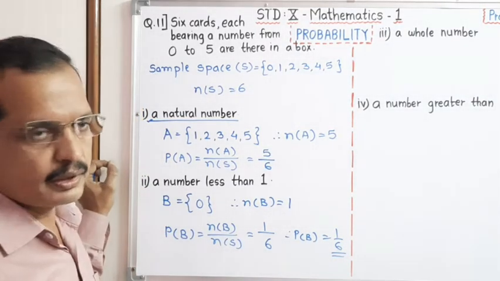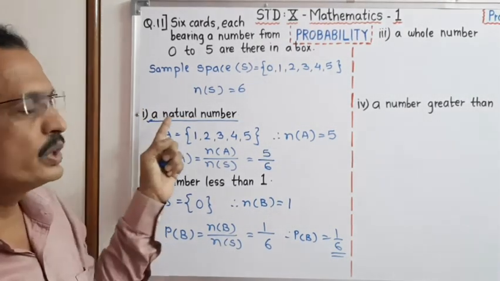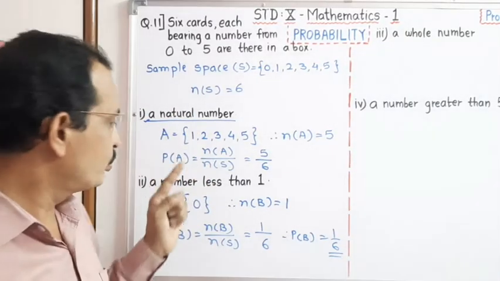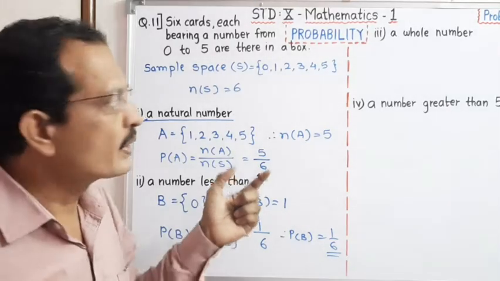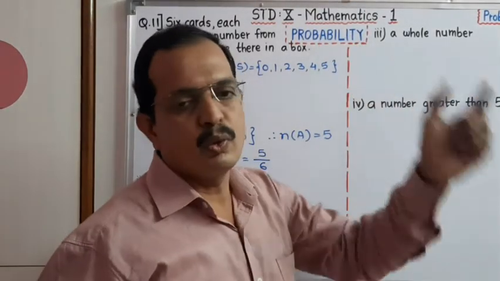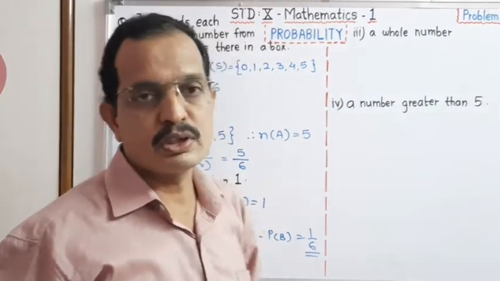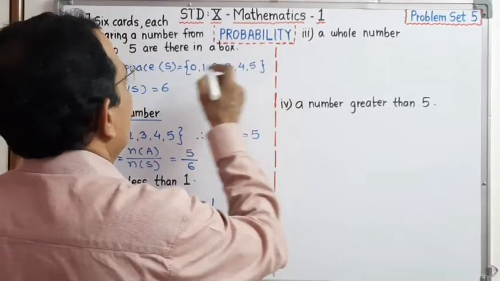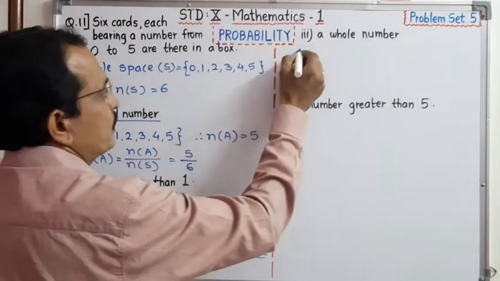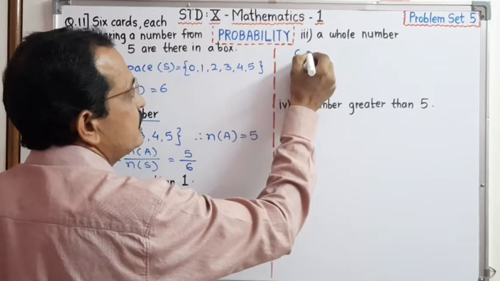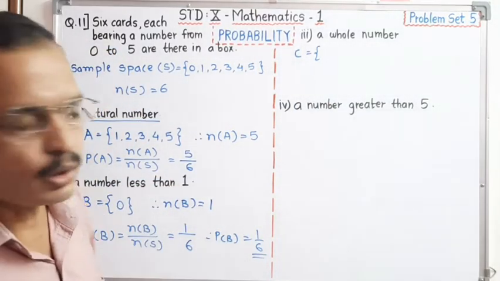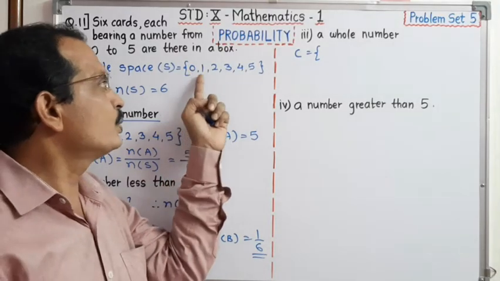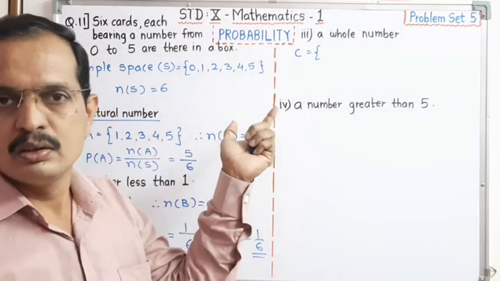Very simple. The interesting thing is that you must know which are the natural numbers. You must know the number less than 1. Now tell me the whole numbers. Now dear student, what are the whole numbers? From this we have to choose the whole numbers. Therefore, event C is equal to, we have to write the whole numbers. And dear student, all of you know that 0, 1, 2, 3, 4, 5, all these are the whole numbers.